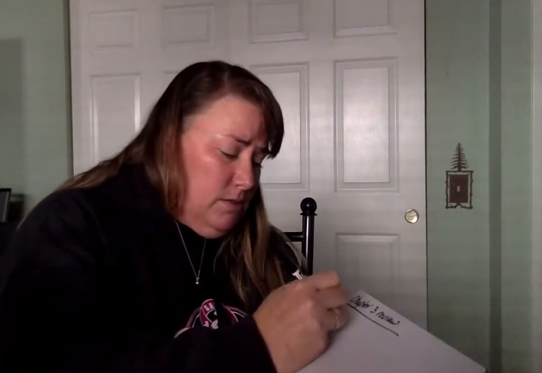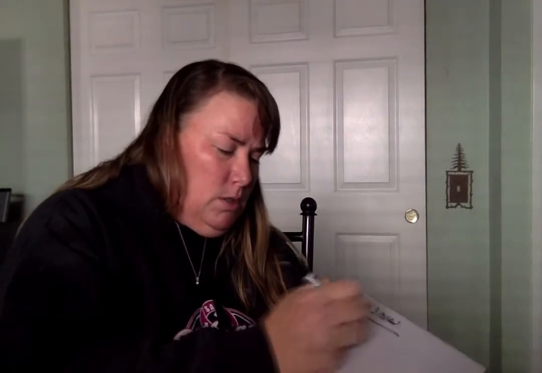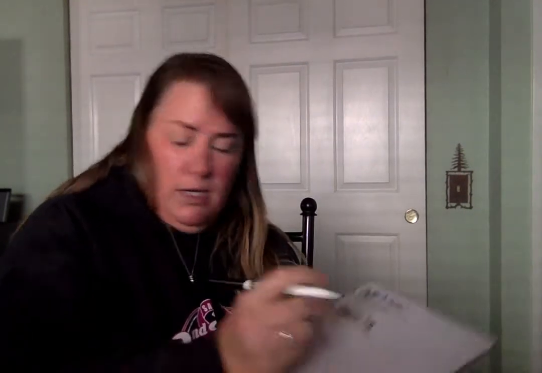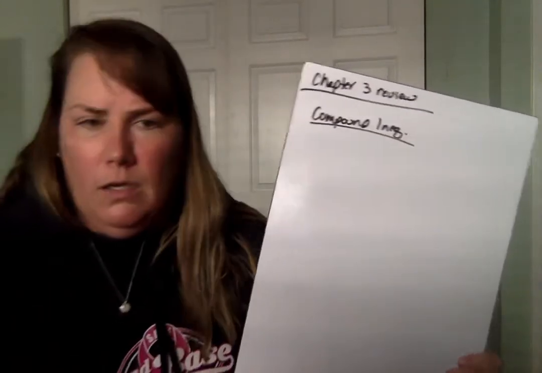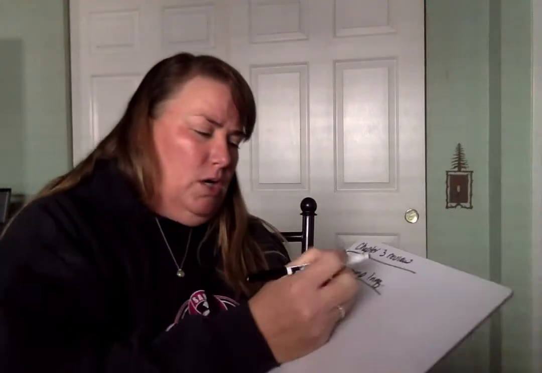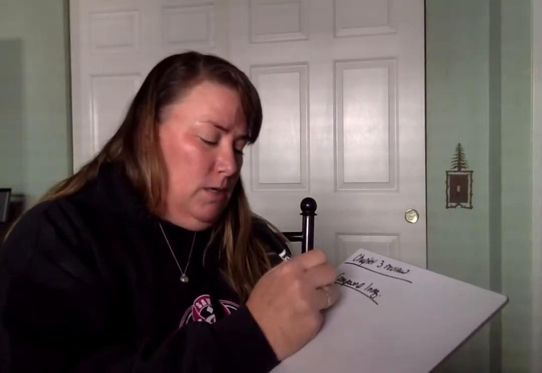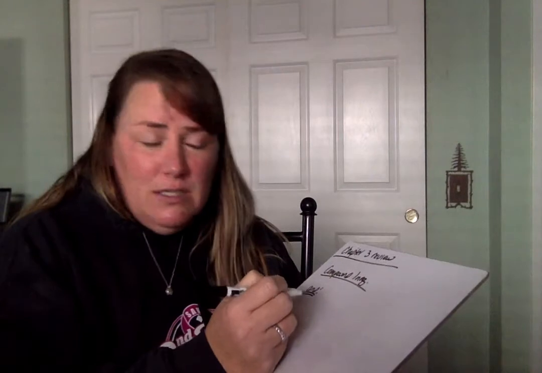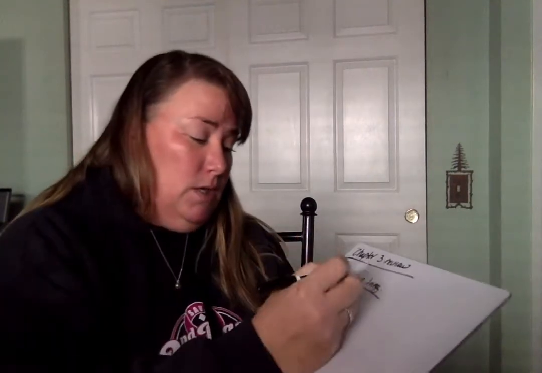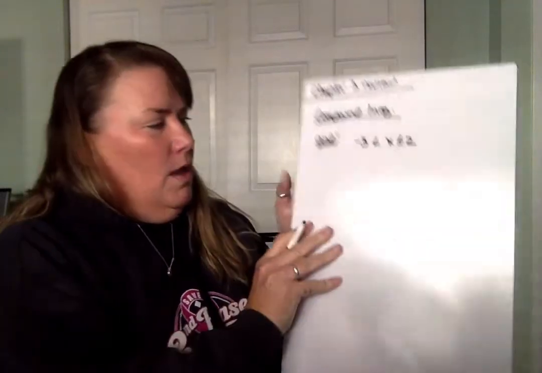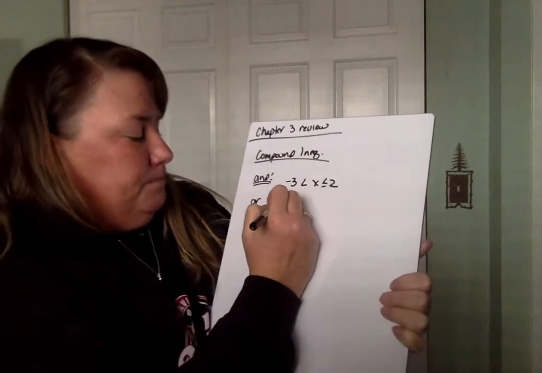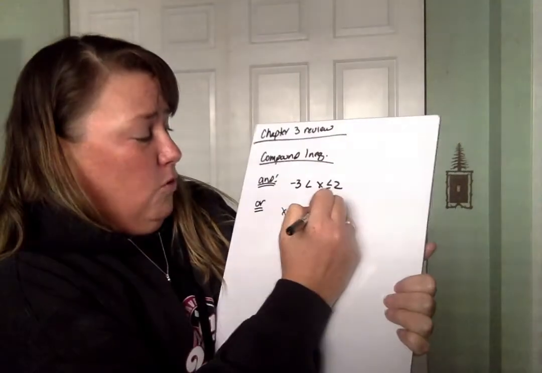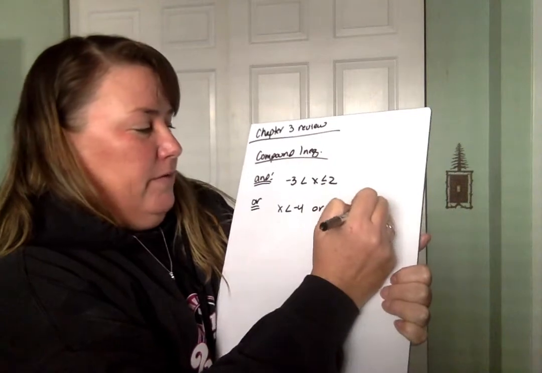Compound inequalities. So remember, ands come together, ors are apart. So an and, remember, you are not going to see the word in the final compound. You'll see something like this. That's going to be an and. For or, you'll see something like x is less than -4 or x is greater than 5.